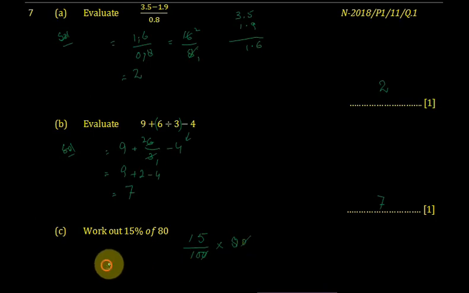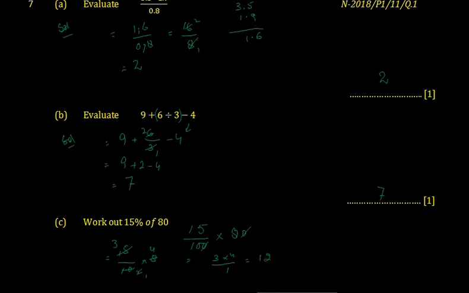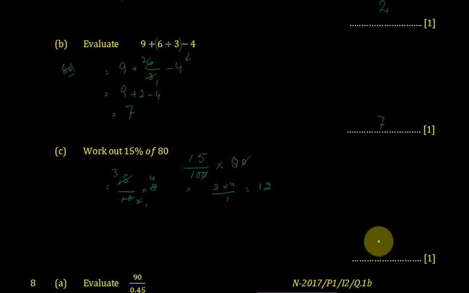So it becomes 15 upon 10 multiplied by 8. We can further simplify. 5 3s are 15, 5 2s are 10, and then 2 1s are 2, 2 4s are 8. So it becomes 3 multiplied by 4 divided by 1, meaning 12 upon 1, or 12. So the answer is 12.